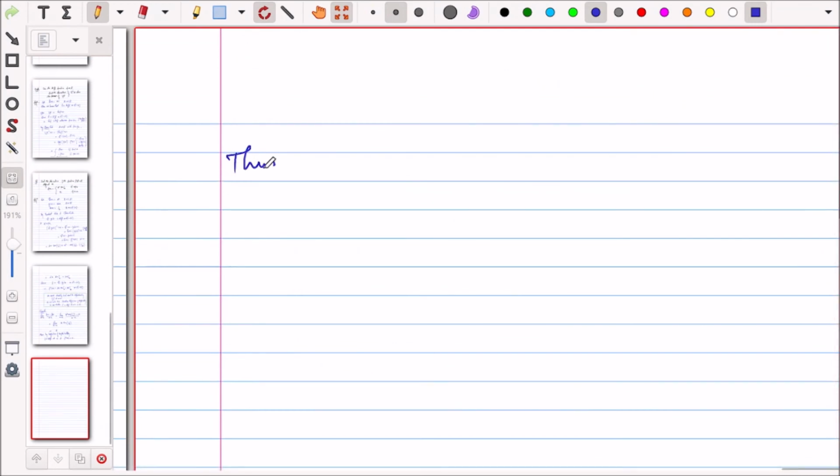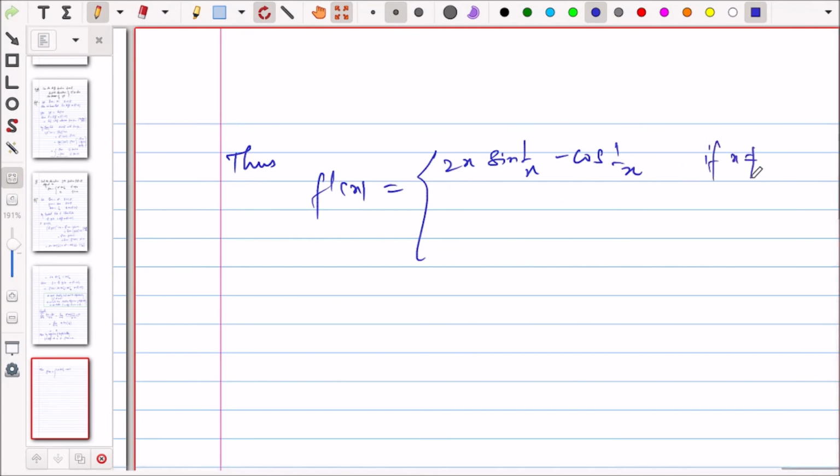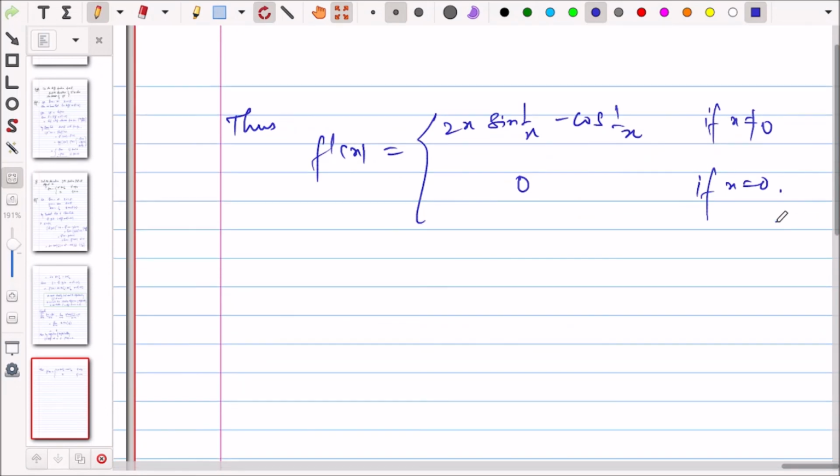Thus f'(x) is equal to 2x sine 1 by x minus cos 1 by x if x is not equal to 0, and 0 if x is equal to 0. Okay, is it fine? Yes sir. So this is how you solve such questions.